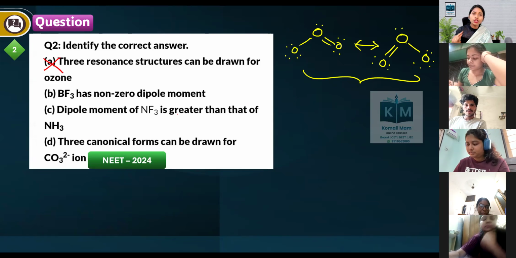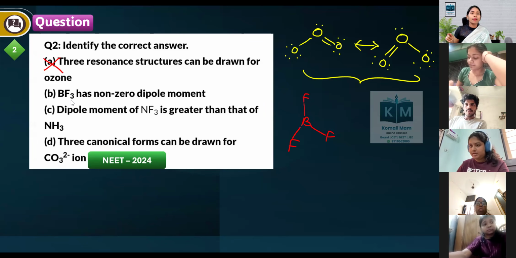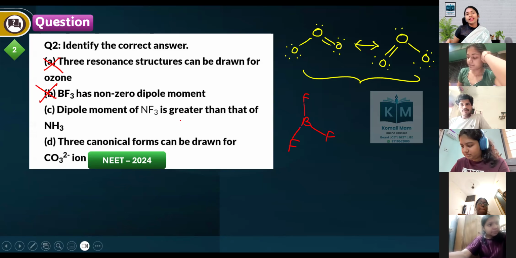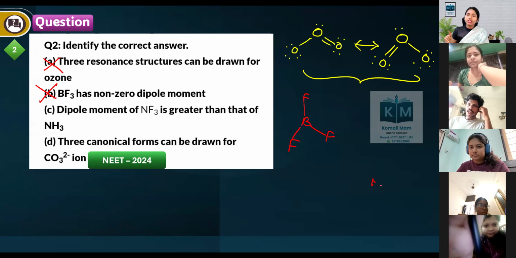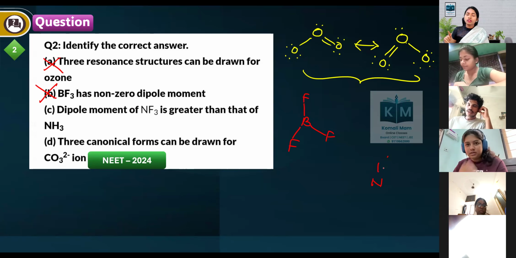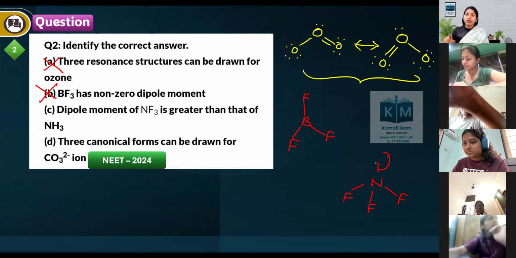BF3 has non-zero dipole moment. BF3 is a perfectly symmetrical molecule, it has 0 dipole moment. So this is also incorrect. Dipole moment of NF3 is greater than that of ammonia. NF3: nitrogen with 3 fluorines like this and a lone pair.